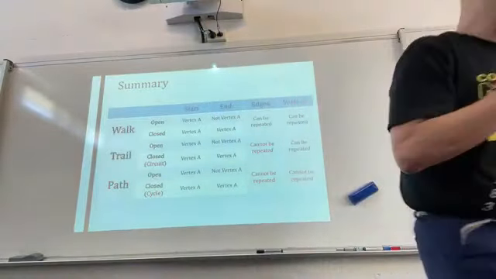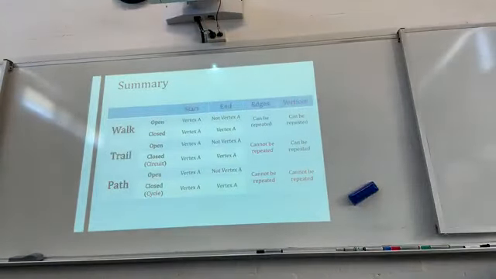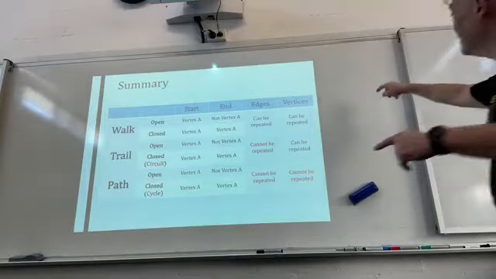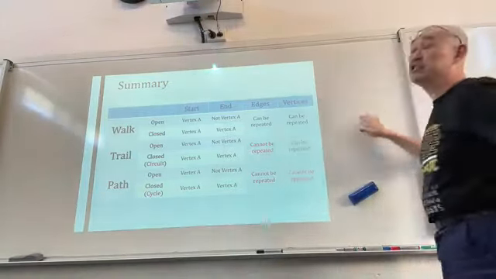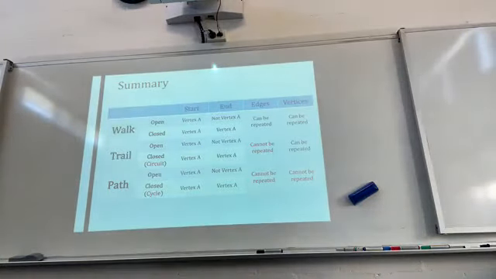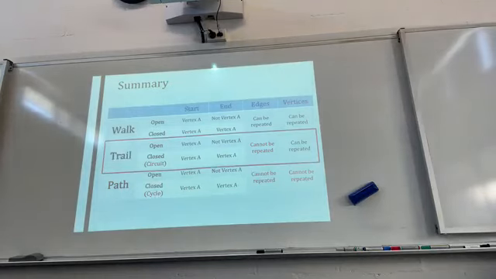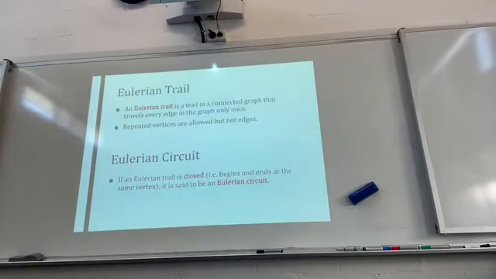You could have a trail which is not an Eulerian trail, which means you've got a graph that you can just go through as a trail, not repeating the edges. But Eulerian and semi-Eulerian is a particular one. The important definition: an Eulerian trail is a trail in a connected graph.